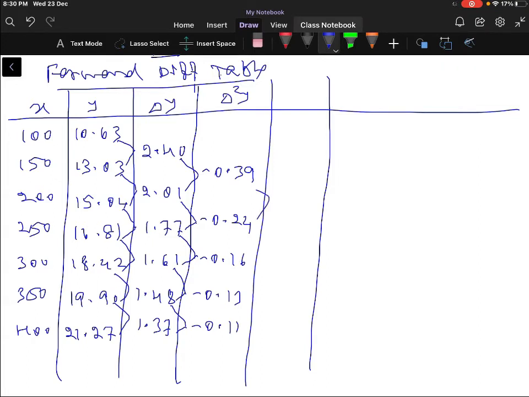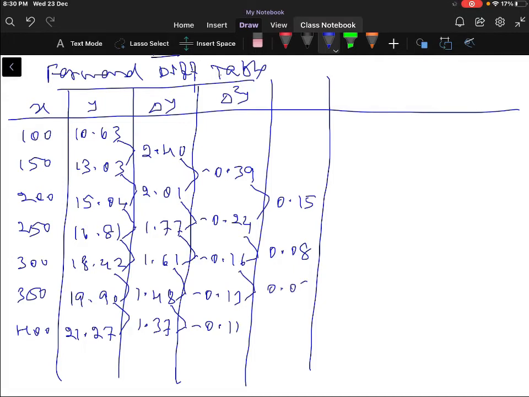Let us move to the third forward differences. Minus 0.24 minus of minus 0.39, that is 0.15. Minus 0.16 minus of minus 0.24, that is 0.08.